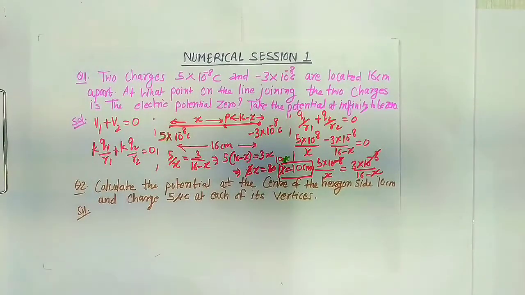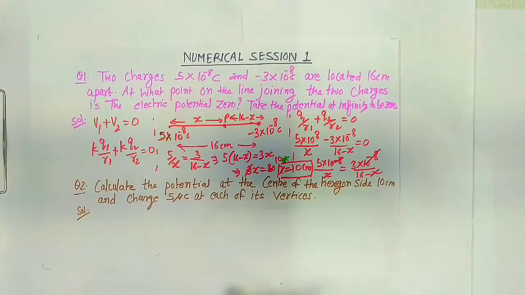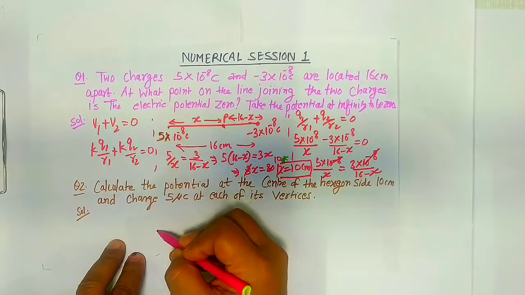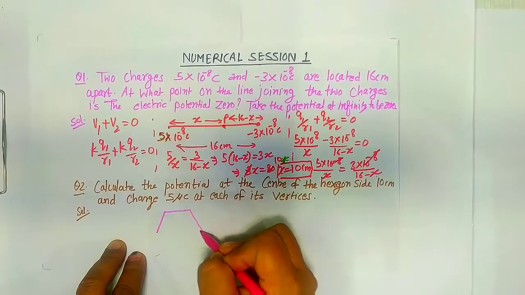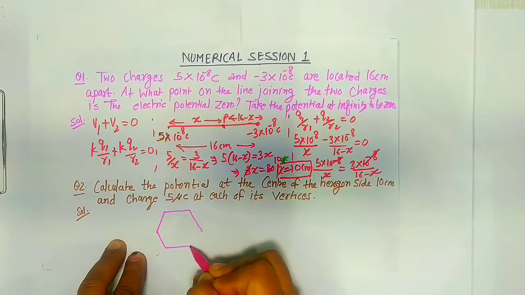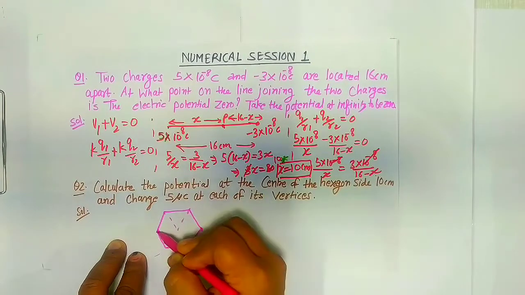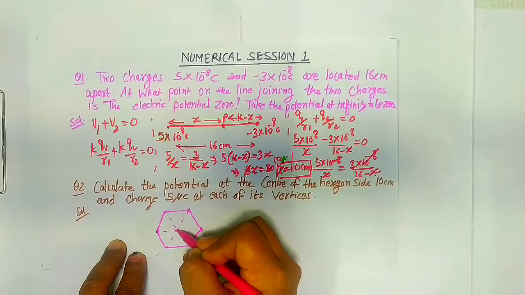The second question is: calculate the potential at the center of a hexagon of side 10 centimeter, with charge 5 microcoulomb at each of its vertices. Now we have a hexagon like this, and we all know that a hexagon with the center forms equilateral triangles.